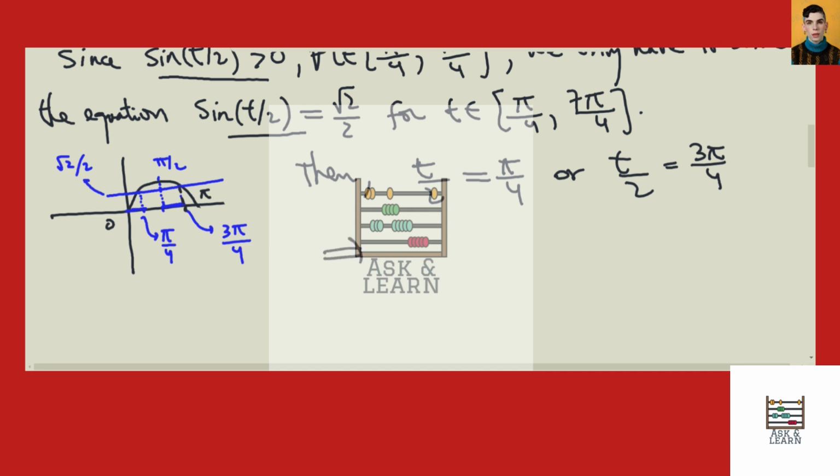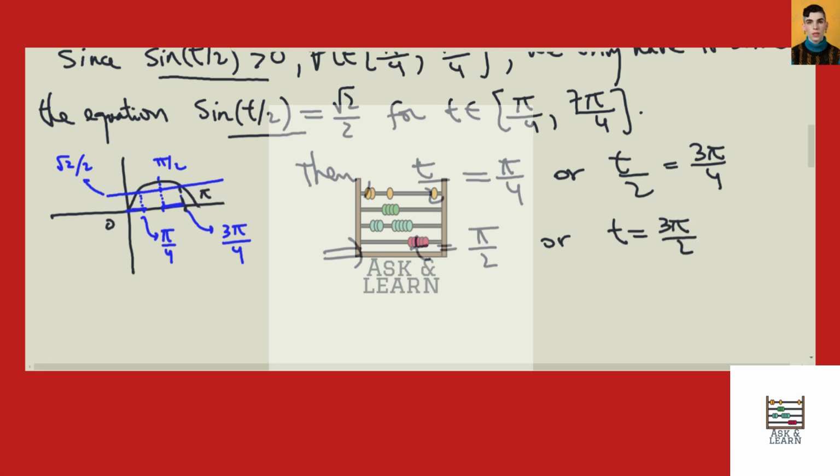Okay, so from this, t got to be pi eighth. Sorry, not pi eighth, because if we multiply by 2 both sides, we get pi half. Or t got to be, multiplying by 2 both sides, 3 pi half.